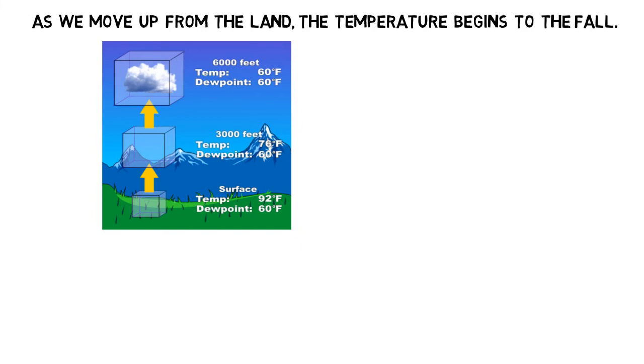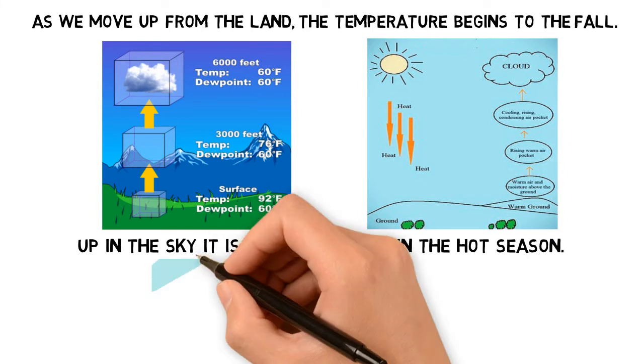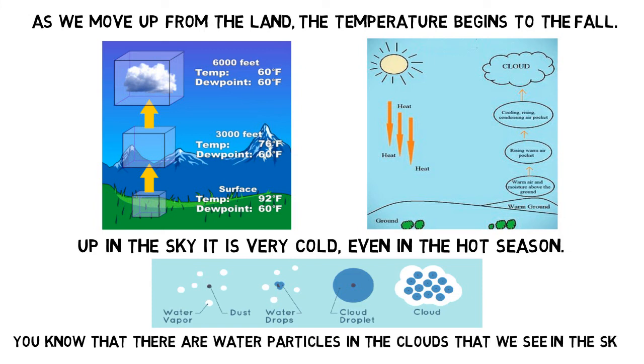As we move up from the land, the temperature begins to fall. Up in the sky, it is very cold. Even in the hot season, you know that there are water particles in the clouds that we see in the sky.